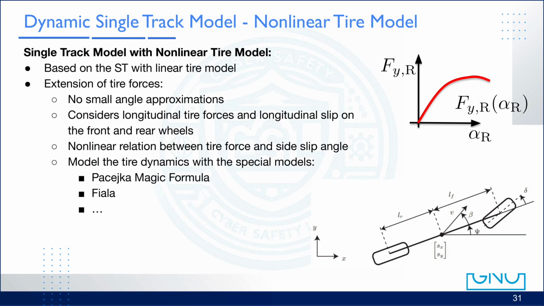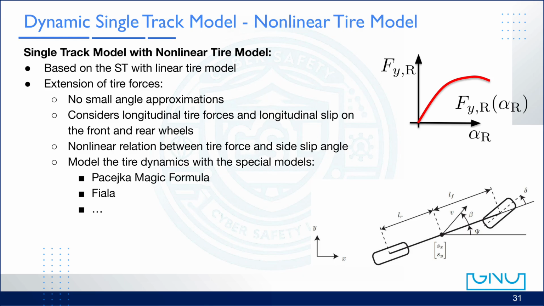The tires behave non-linearly. In this nonlinear model, we include both lateral and longitudinal tire forces for the front and rear wheels. We no longer use small angle approximations. Instead, the tire forces now depend on the full slip angle and slip ratio.